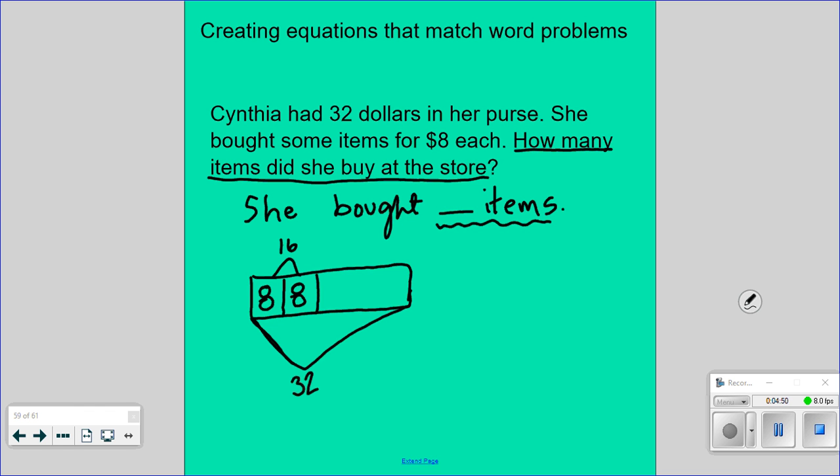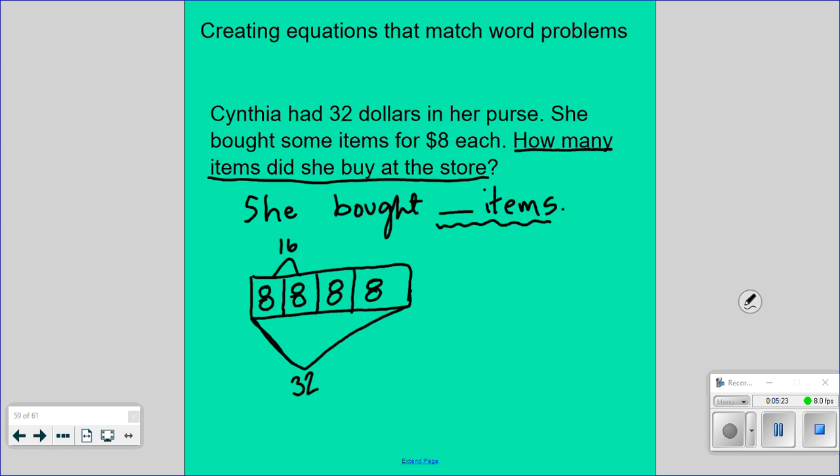No. So I know she can keep buying items. Let's add another item. What am I at now? 24. At 24, not 32. Do another item. What am I at now? 32.